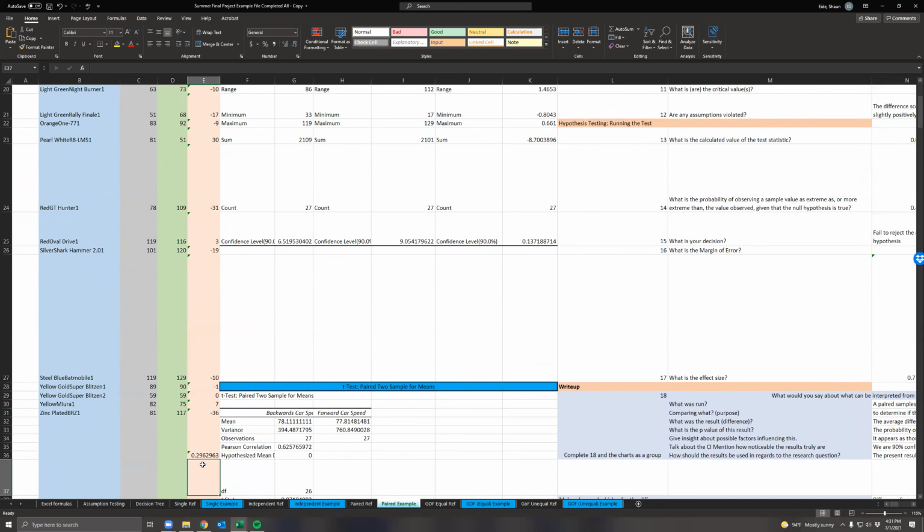In other words, the cars running backwards were 0.2962 miles per hour at scale faster than the cars running forward. So they were slightly faster, but once again, we're doing hypothesis testing to see if does that actually even matter.